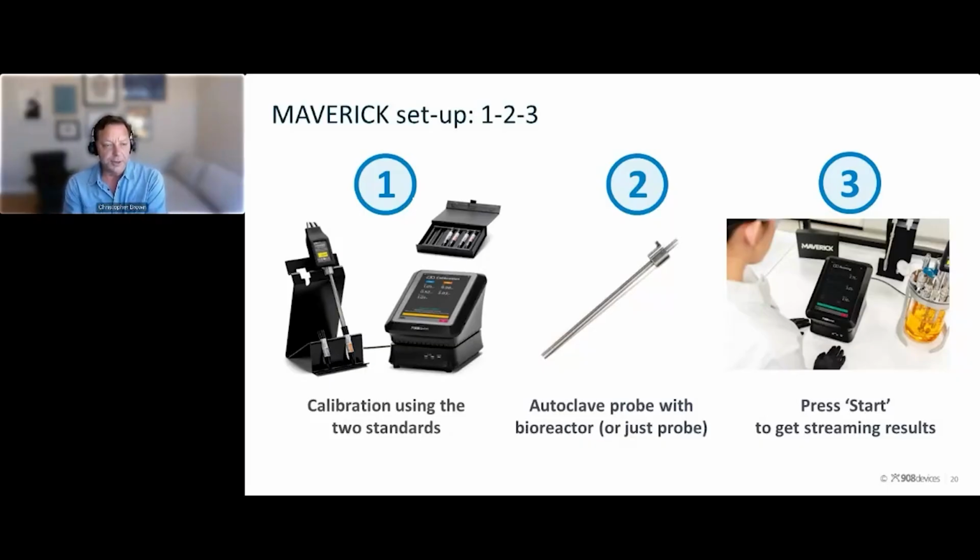And from there, you can take the probe off the system and autoclave the probe in your reactor, or the probe can be autoclaved by itself as well. Totally up to your SOPs on that one. And then, of course, after autoclave, you can fill your reactor with media and cells and just press the start button to get going. So very, very quick to get real results out of the Maverick.